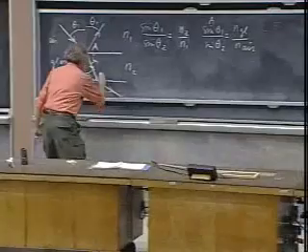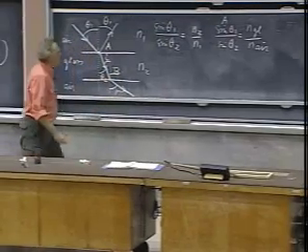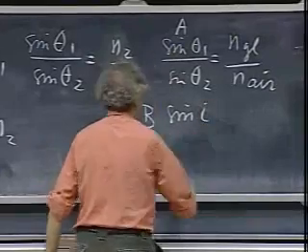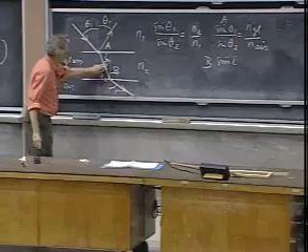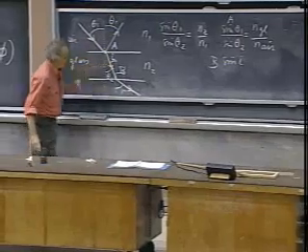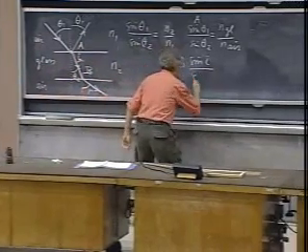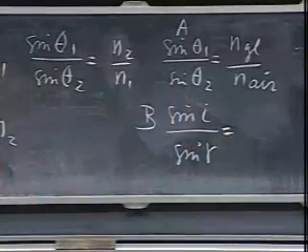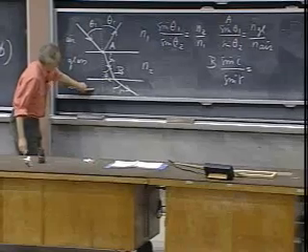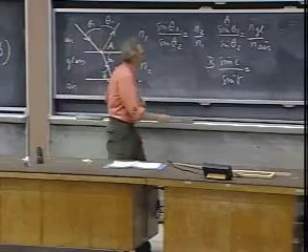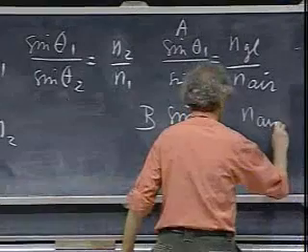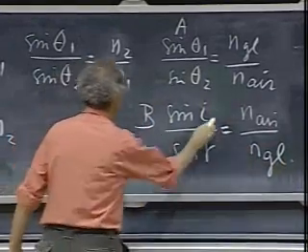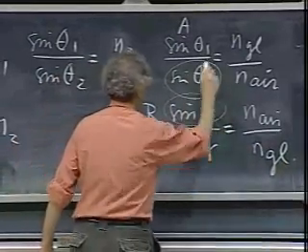And now we come here to this point B. So at point B, we get the sine of this angle of incidence I, which we know is theta 2, that's obvious, divided by the sine of R, is now the one where we're going to, which is air, divided by the one where we were. So this is n air divided by n glass. And we already agreed that I is theta 2.